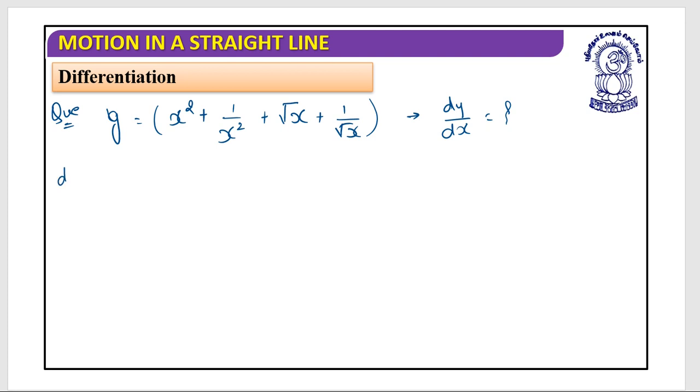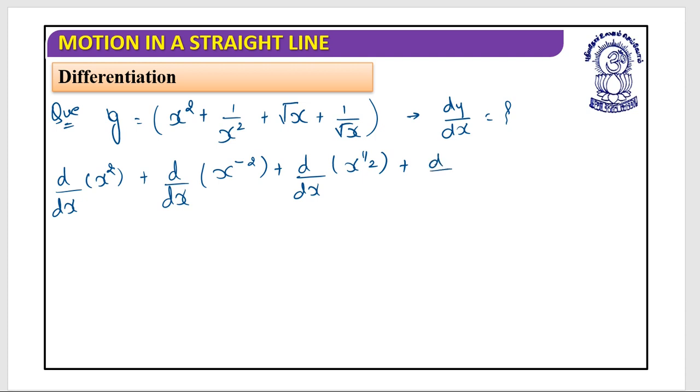So this is d by dx of x square plus d by dx of x to the power minus 2 plus d by dx of x to the power half plus d by dx of x to the power minus half. Am I clear with this? Yes. Next, d by dx of x square, what would it be?